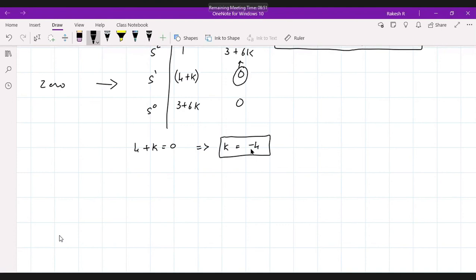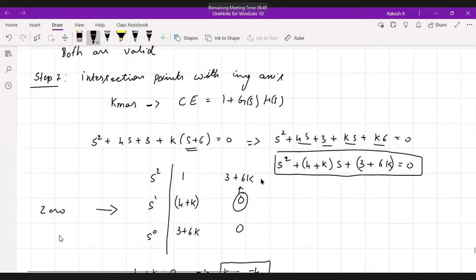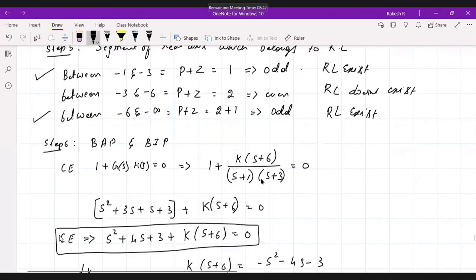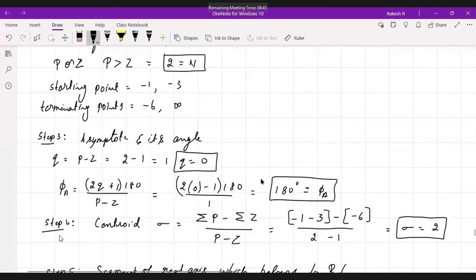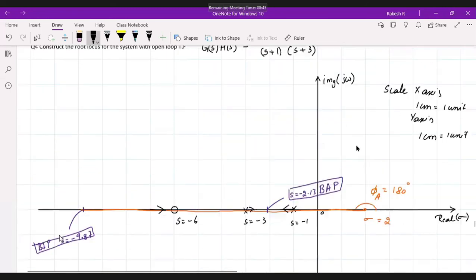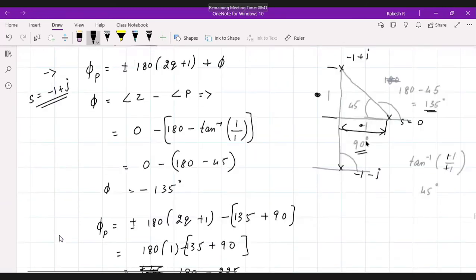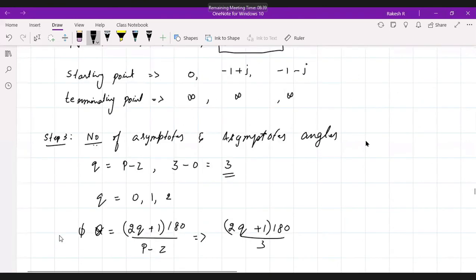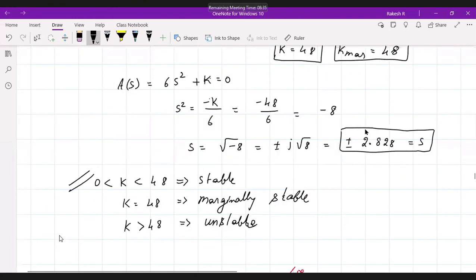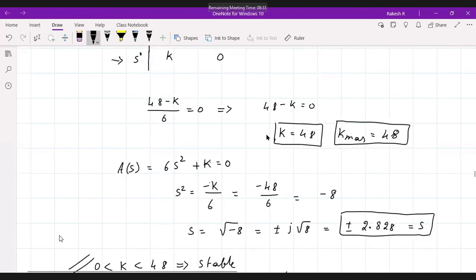Right. In the previous questions, in the previous sums, see here, what was the value of k? K was 4. When I go above, here the k was 48.